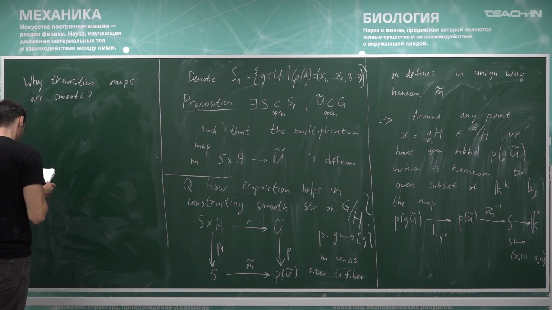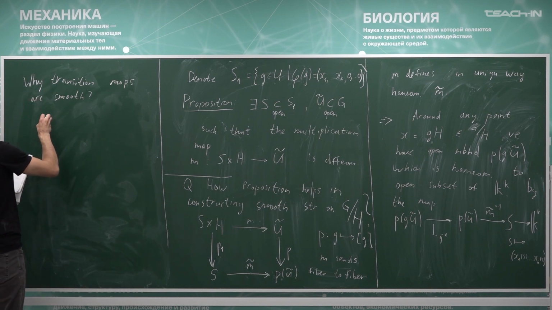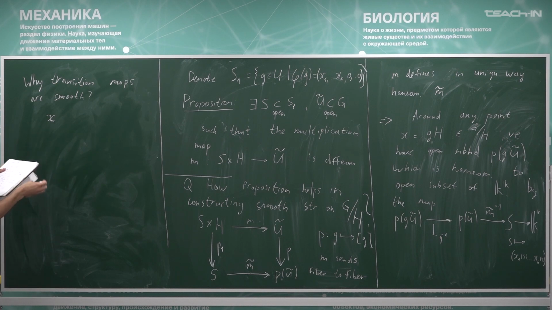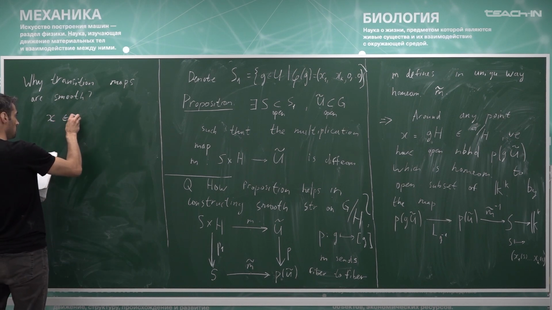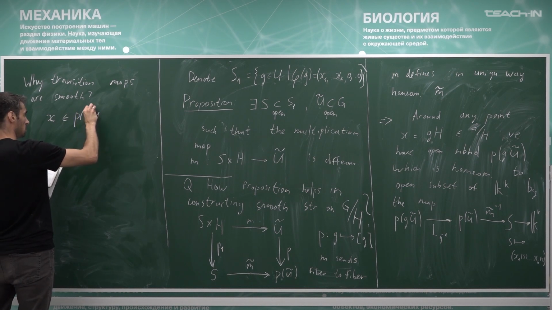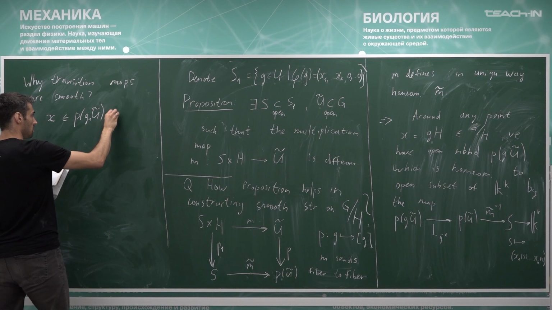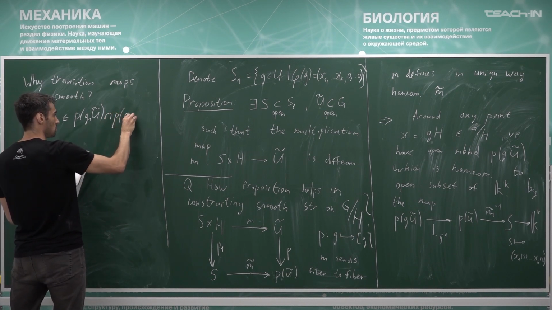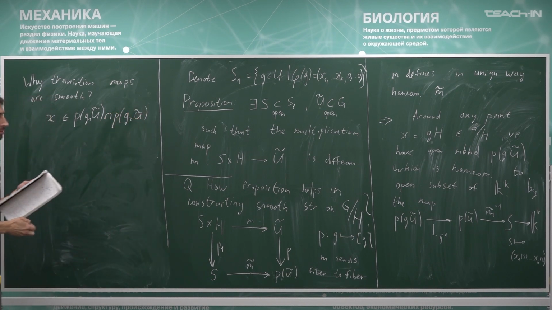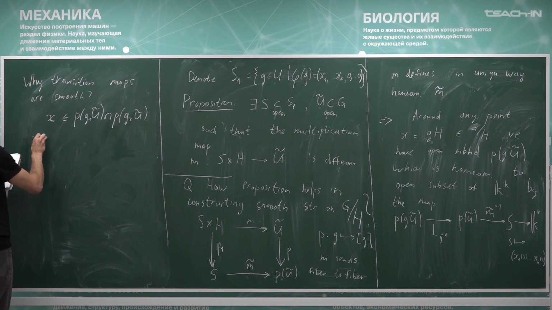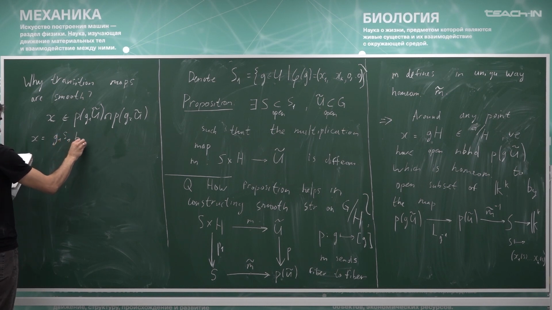Well, suppose that I have some element P in the intersection of two charts, that is, P is inside G1 U tilde and inside G2 U tilde for some elements G1 and G2 in our group G. Then I can write down X as G1 S1 H1, right?